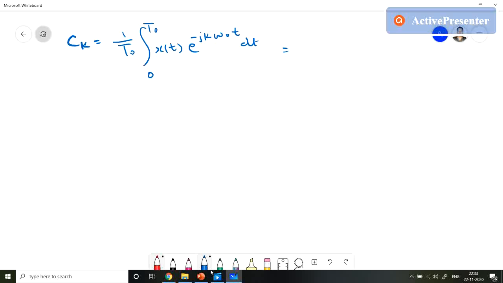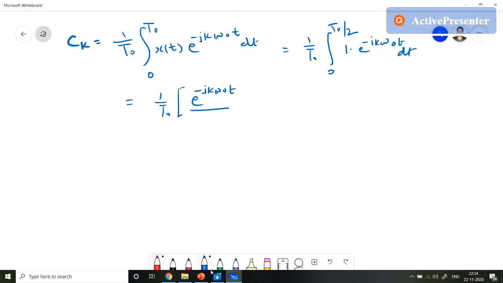If we solve that, we will get 1 divided by T naught from 0 to T naught by 2, the value is 1, and from T naught by 2 to T naught it is 0. So we can write it as 1 divided by T naught, e raised to the power minus jk omega naught t divided by minus jk omega naught, from 0 to T naught by 2, that limit.